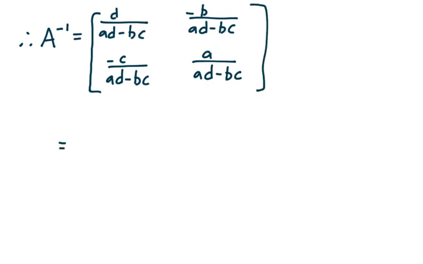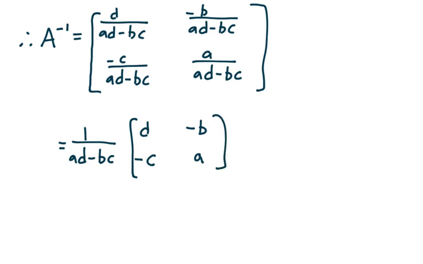Now, I can pull out a 1 over AD minus BC. And when I do, I get D, let's write that again. So D, negative B, negative C, A. But note, the determinant of A is AD minus BC.